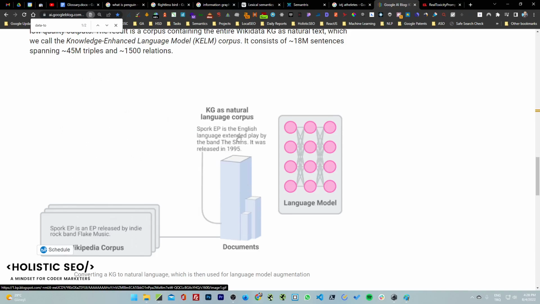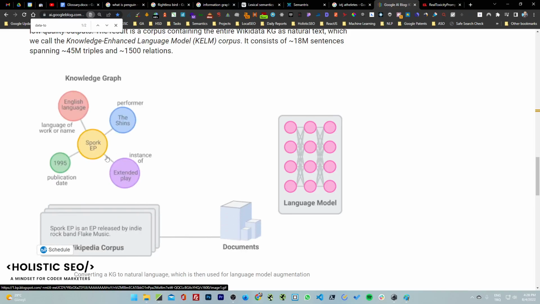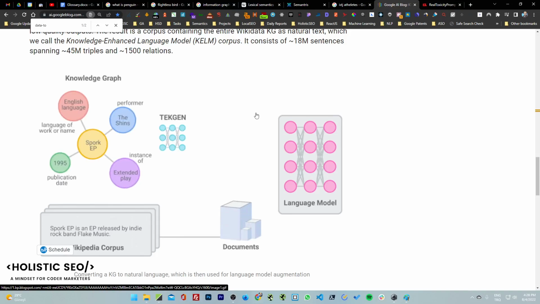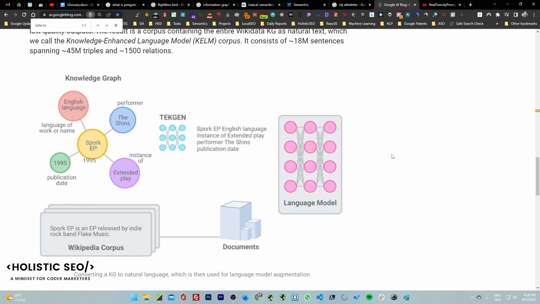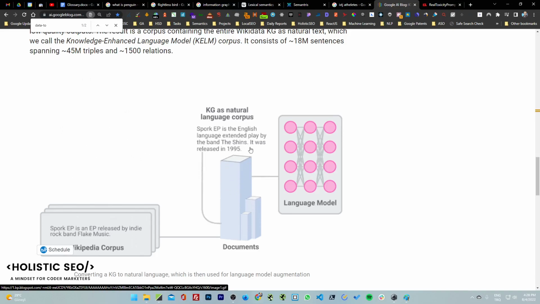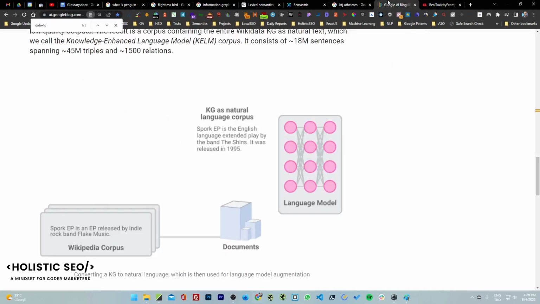It says, is the English language an extended play by the band The Shins in a year like 1995. Sorry, 1995, yes. And in this case, they have generated a text from their own knowledge graph, and then they will compare their text to your text. Once they do it, if they find that they are overlapping with each other, it means that you are accurate. If it is not overlapping, it means that you are just toxic, or you are just writing the wrong things to the search engine.